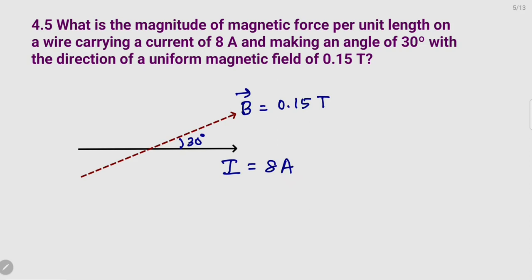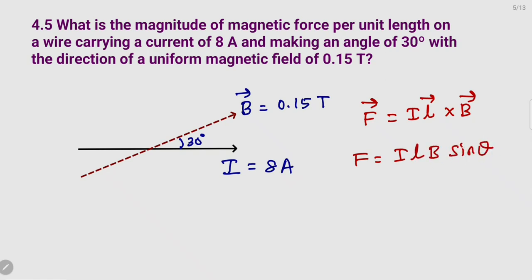So the force experienced by a current carrying conductor kept in a magnetic field, you all know the formula very well. Let me write the vector formula. F vector is equal to I L vector cross B vector, or F is equal to I L B sine theta, or B I L sine theta, whichever way you can remember.